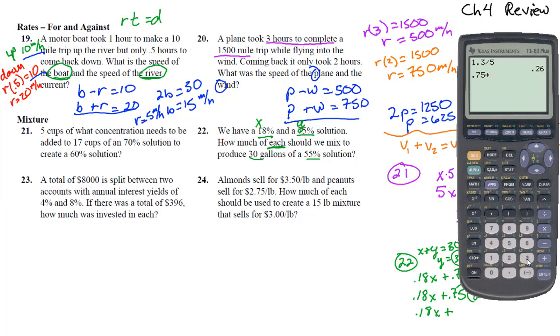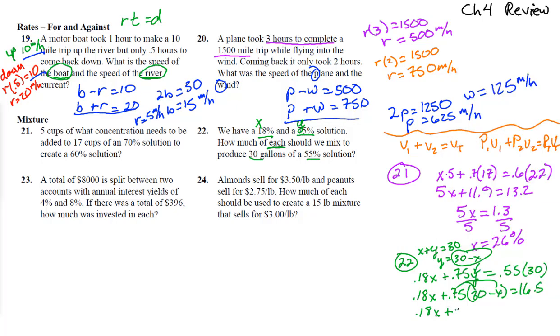Let's punch that in, make sure we get that right. 0.75 times 30 is 22.5. So 22.5 minus 0.75x equals 16.5. 0.18x minus 0.75x is minus 0.57x equals, subtract 22.5 from both sides, and we get, oh, a negative 6, I apologize.